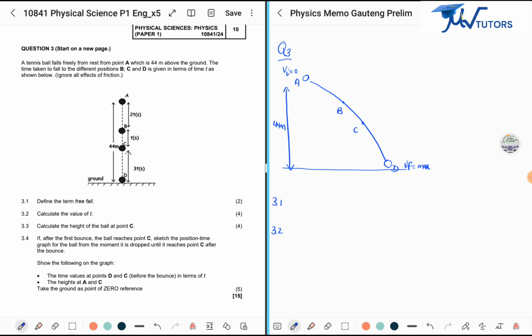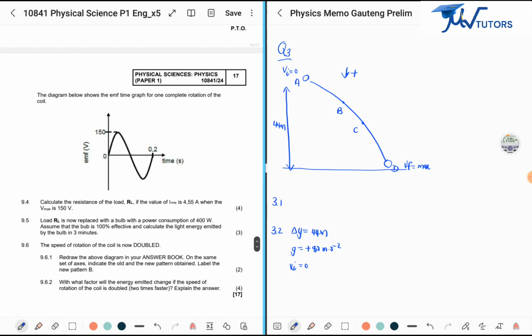So we're going to go to our equations of motion. What do we have? By the way, I'm taking downwards as positive. We have delta y as 44 meters. Our gravitational acceleration is positive 9.8 meters per second squared. And our initial velocity is 0. That's what we have, right?